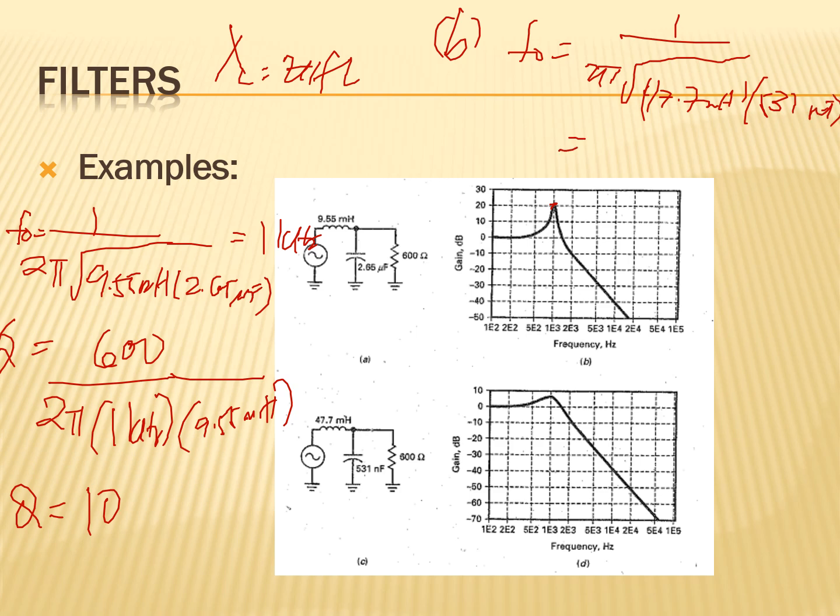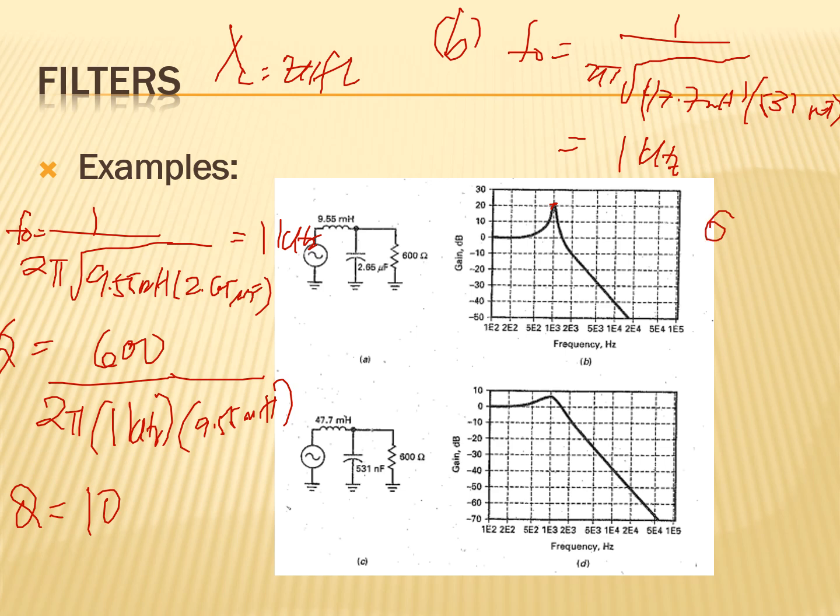So what happens here? It is still 1 kilohertz. Why is it still 1 kilohertz? We increase our inductance by a factor of 5, but we also have to decrease our capacitance by a factor of 5 so that we can have the same resonance frequency, and we have it.